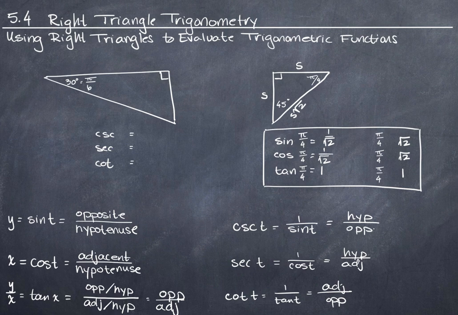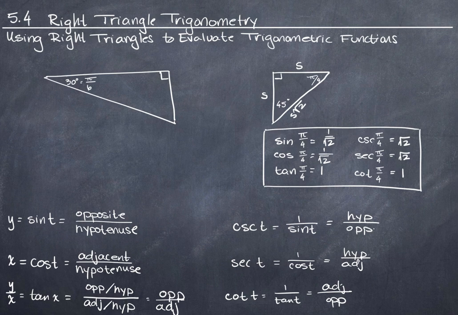So I'm going to copy some of this information over. I want this triangle to stay where it is, and the reason for that is that this table that I created for you goes with this triangle. I had it under this triangle, and I think that's a little misleading. So this 45, 45, 90 triangle goes with these values. Again, we've seen these values before. This is just a slightly different perspective.